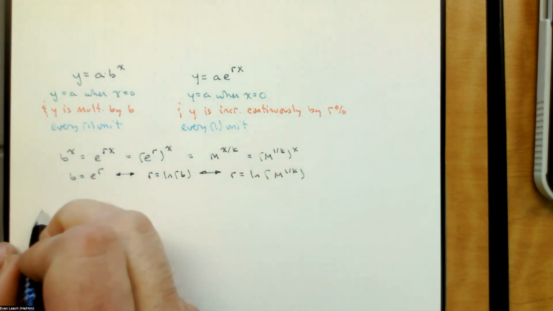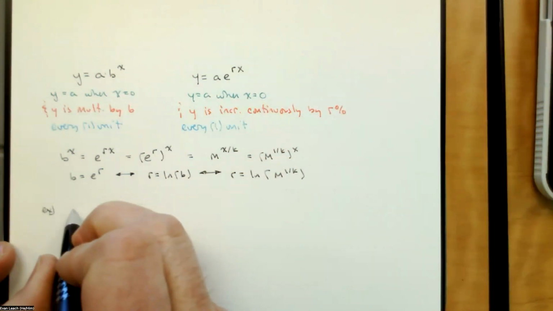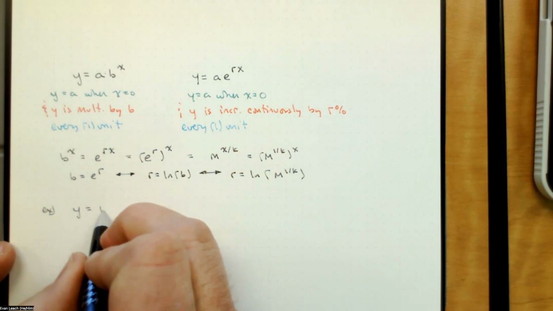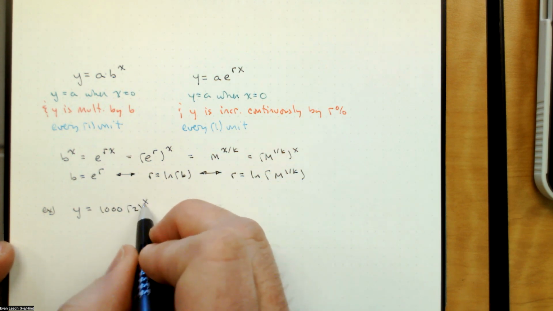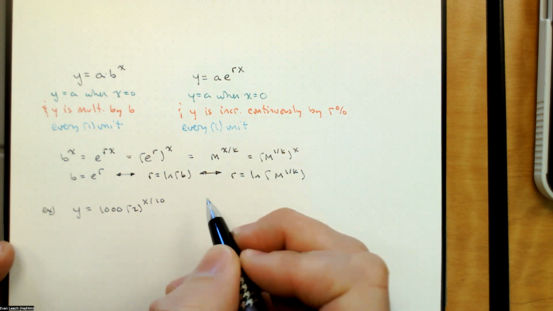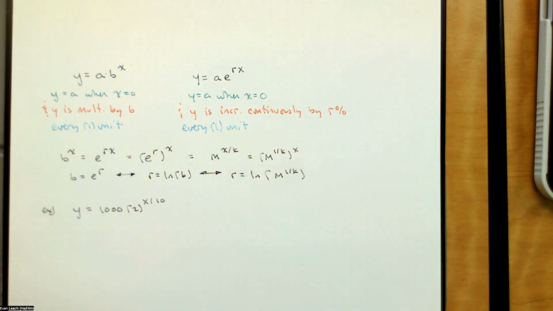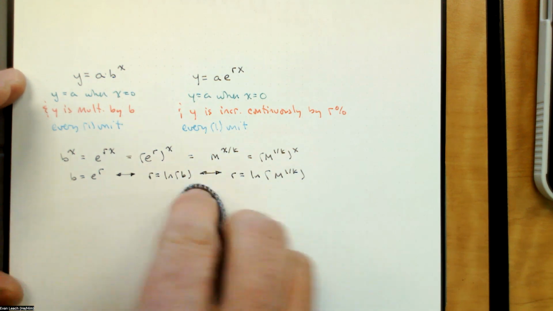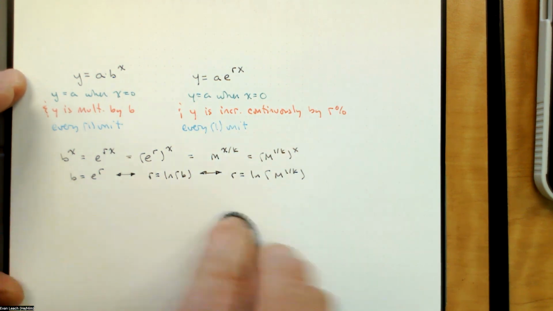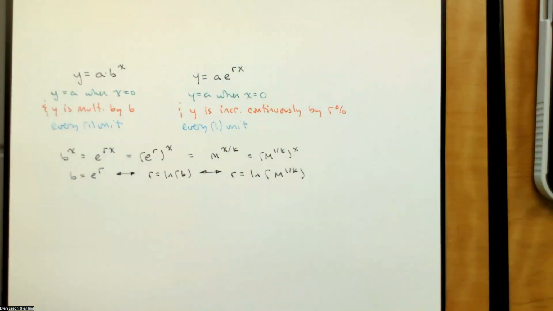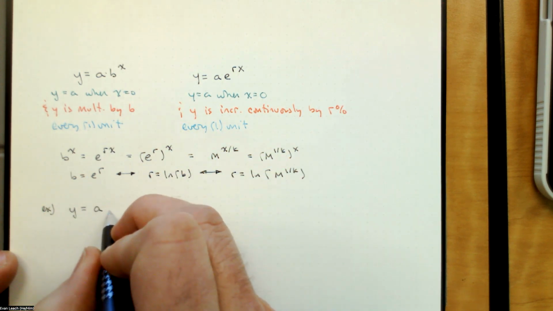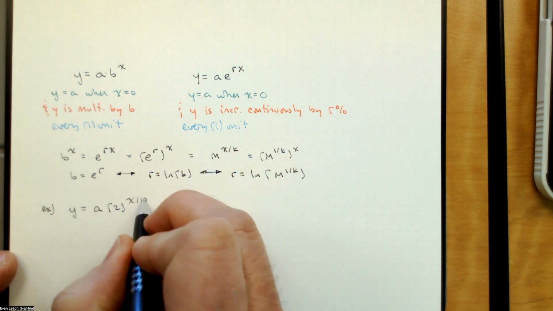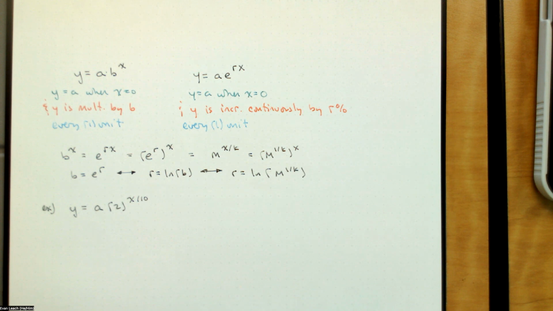So in our previous example, where we had y is equal to a times 2 to the x over 10, y is equal to a, whatever we start with, and we're multiplying by 2 every 10 units.